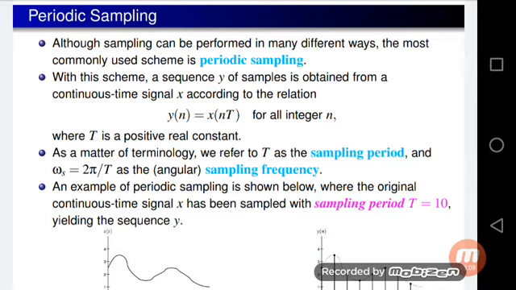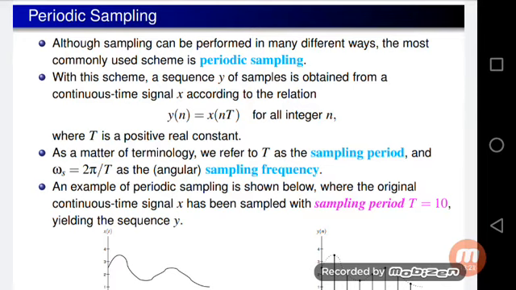Already in previous classes, we know sampling is used for converting continuous time signals into discrete signals.